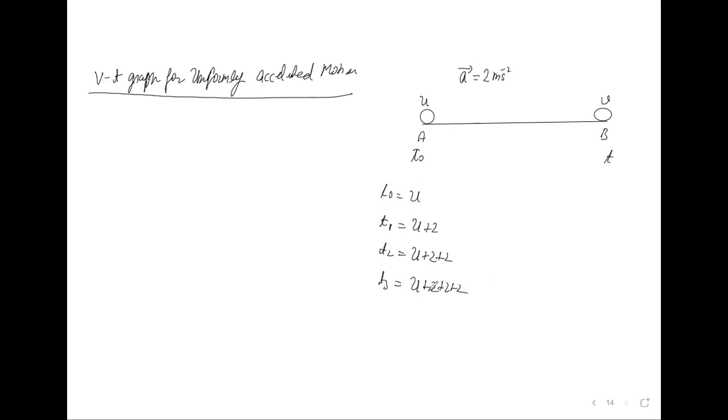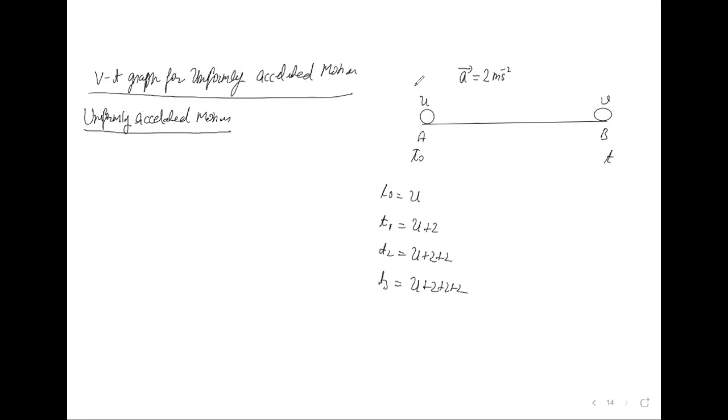The magnitude of the velocity is increasing by 2 meter per second at every second. So this motion is called uniformly accelerated motion.